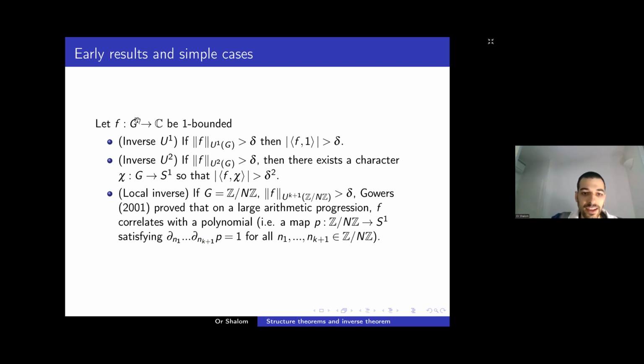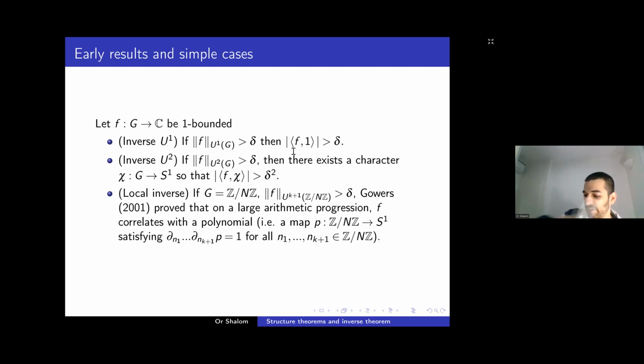So again, you can think about G as Z mod NZ, but this works in general. And the inverse U1 is trivial. The inverse U1 says that if a function f has a U1 norm greater than some constant delta that is independent of G, so you can think about G as Z mod NZ, and delta is independent of N, then we say that f correlates with the constant 1.